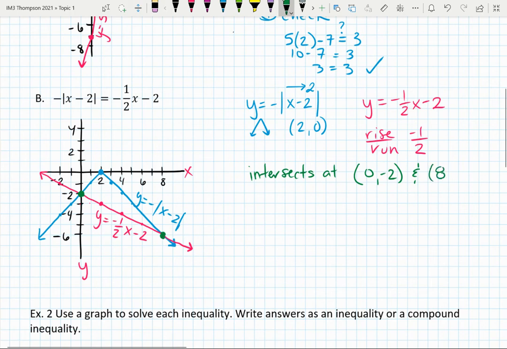So +8, -6. The solutions are only the x values. So I get x is equal to 0 and 8.